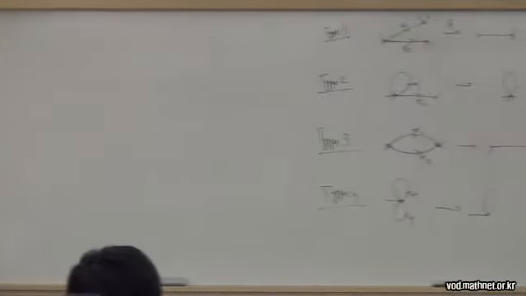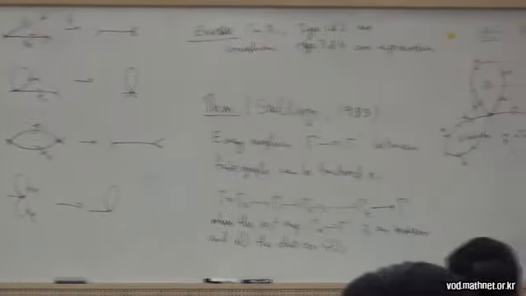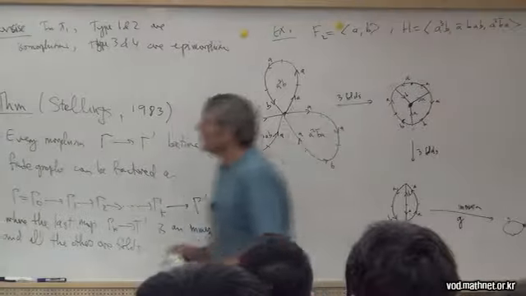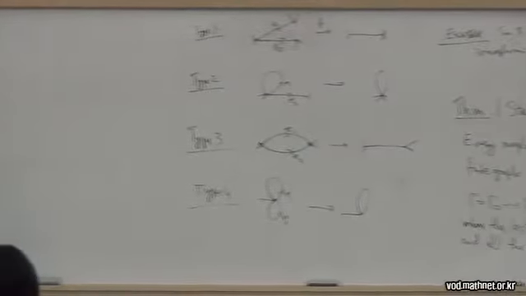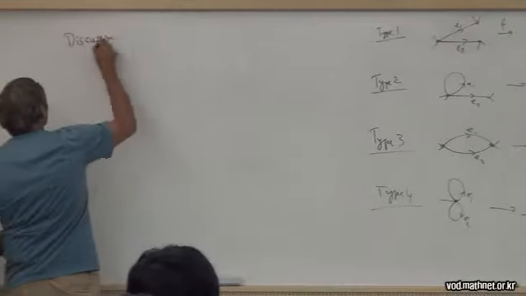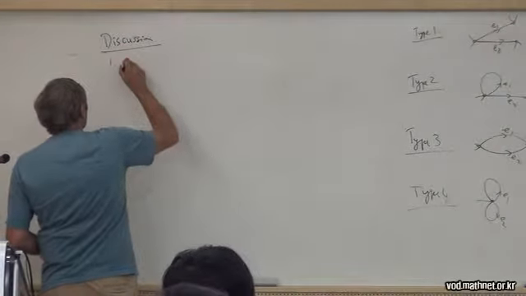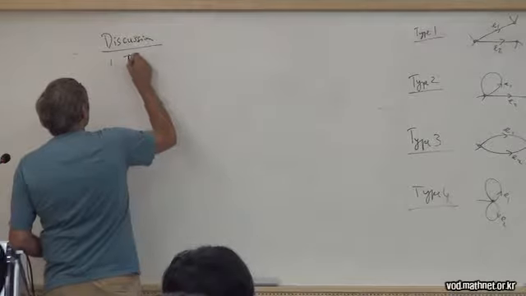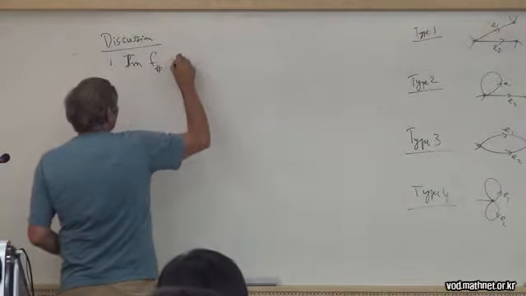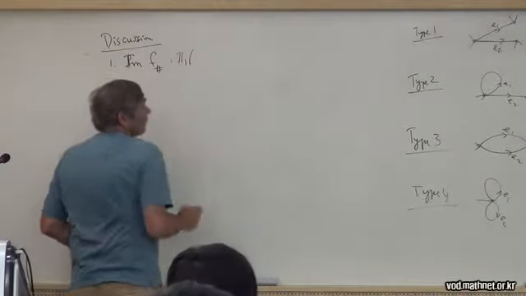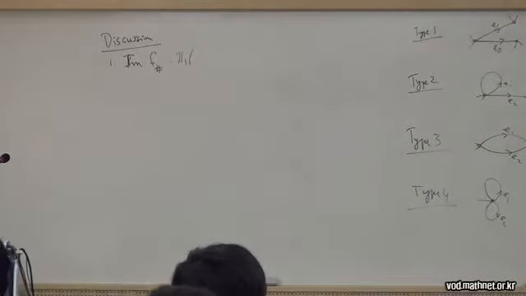Okay, so let's call the last map here G. So, discussion of the example. First, the image of F sharp. This is the map from pi 1 of, well, I don't have names here, but let's say this is gamma, this is gamma prime, and this is gamma double prime.